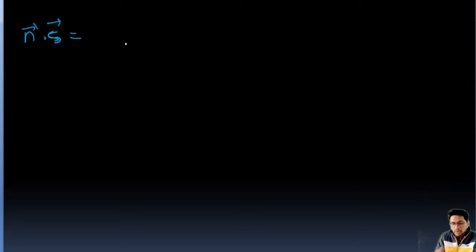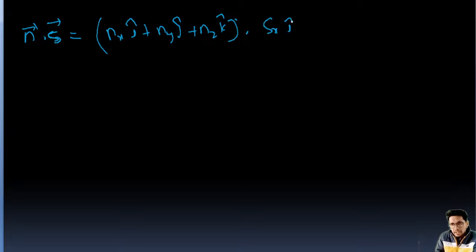So this is going to be nx i cap plus ny j cap plus nz k cap dot sx i cap plus sy j cap plus sz k cap.